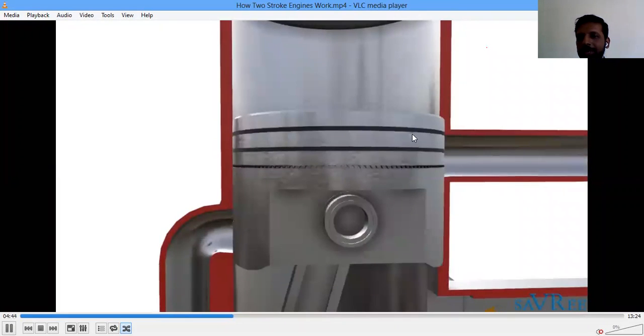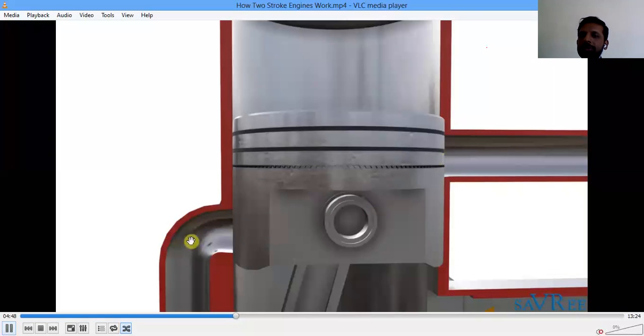Now see, as the piston rises, the transfer port is closed, the exhaust port is closed, but the inlet port is open. That means during this time, air fuel mixture enters inside the crankcase once again. Fresh fuel charge, air fuel mixture is present, which is going to be compressed. And when the spark is introduced, it is going to undergo combustion, right?